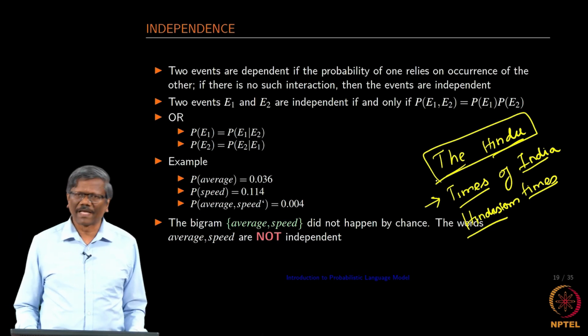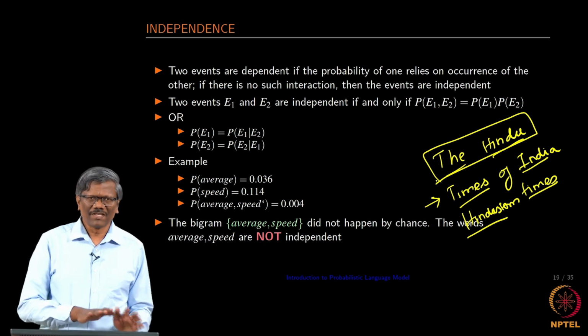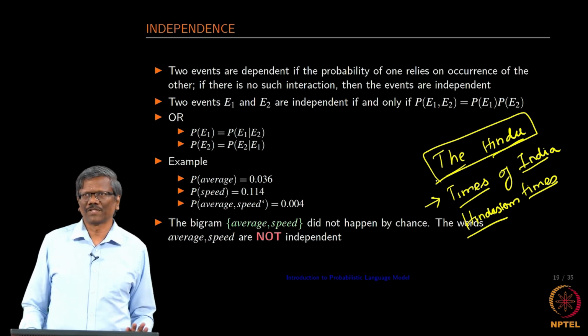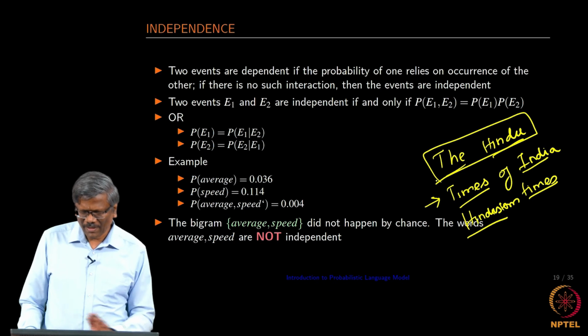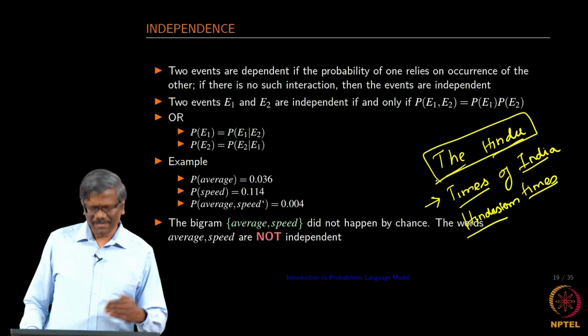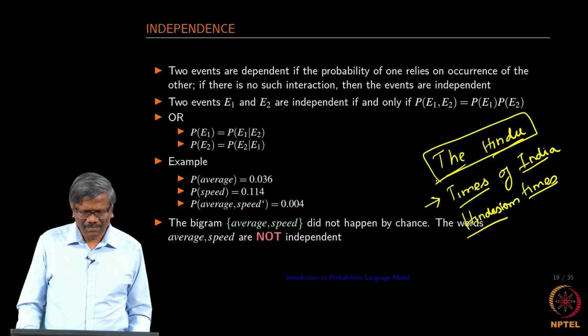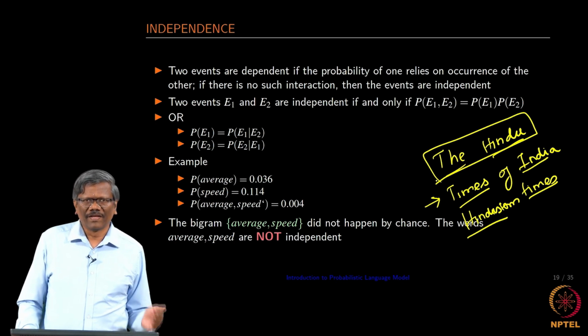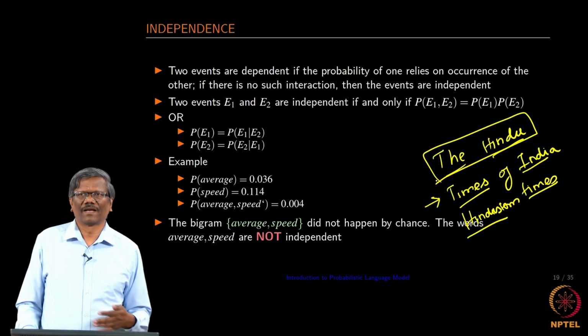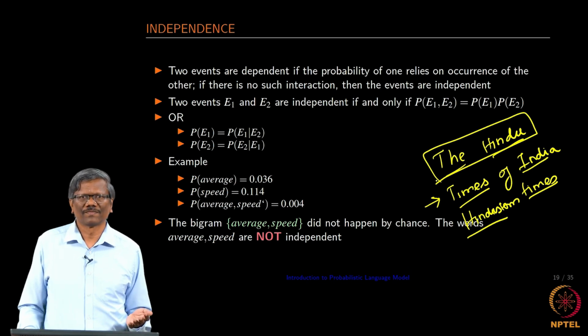And there are also other mechanisms available. It is a very simple rudimentary approach. I just want to explain the concept of independence through that. If two events are dependent, then the probability relies on the occurrences of either one of those, right.